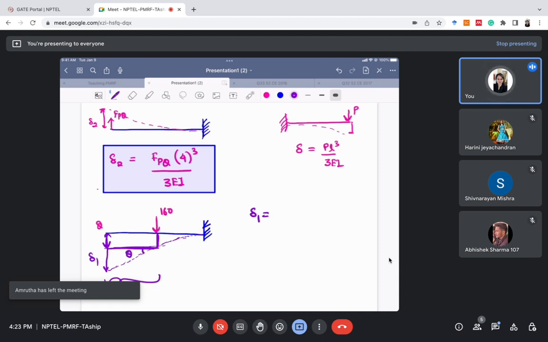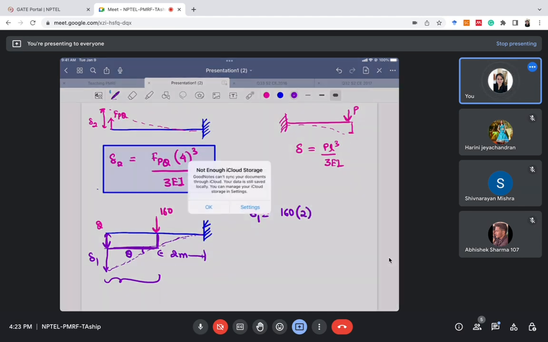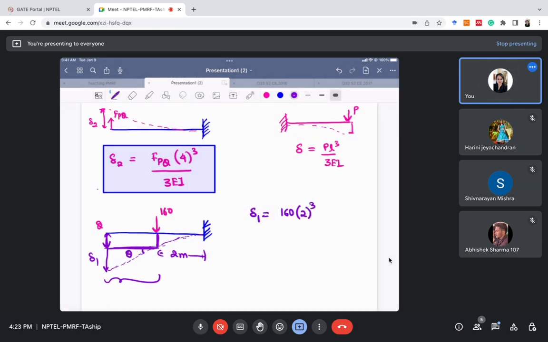So delta 1 will be equal to the deformation under this 160 kilonewton load, which is PL cube by 3EI. So P is 160, this length is 2 meter, so PL cube divided by 3EI, plus this part. And now theta times L will be this part.